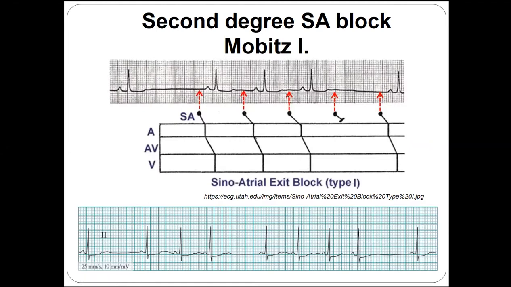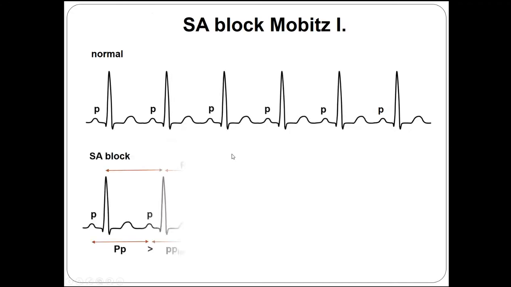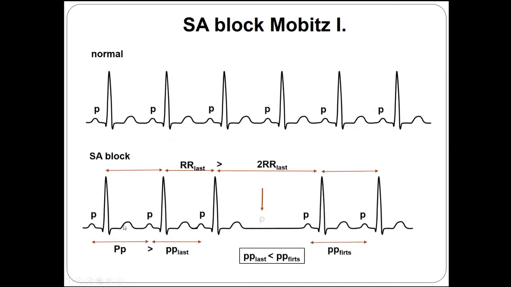So the P is missing. In AV block, the P was present, but there is no QRS. Here, no P wave, and this is why there's no QRS. Let's look at this. This is a normal one, and that's the SA block.